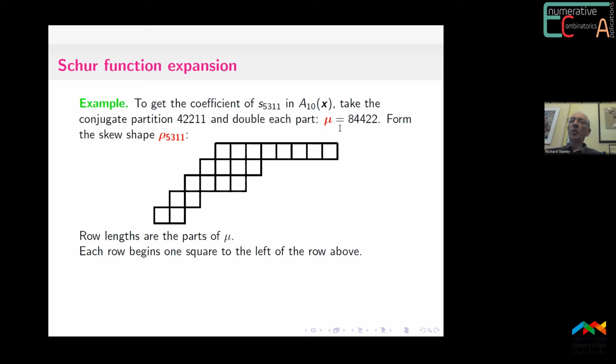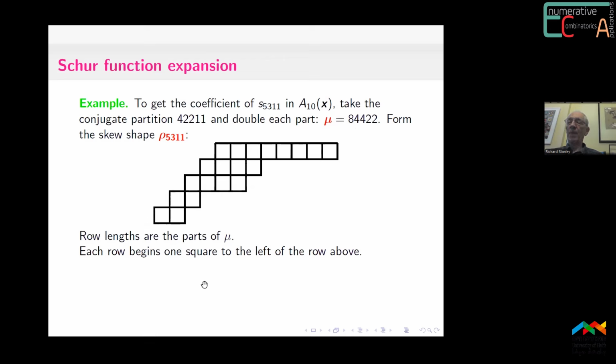We call that partition mu, 84422. And then we'll form a skew shape indexed by 5311. Mu is defined as follows. The lengths of the rows are the parts of mu, 84422, and each row begins 1 square to the left of the row above. So this is a skew partition. It's some big shape modulo some staircase.